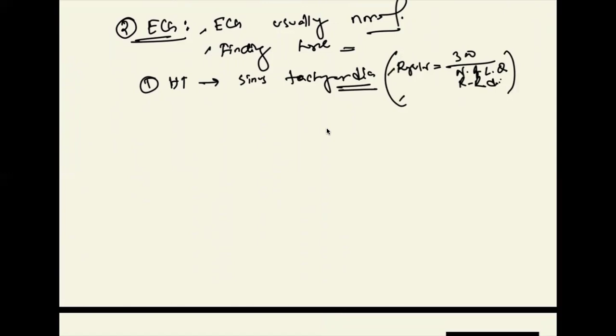Okay. If it is irregular, how would you calculate? Please tell me quickly. In a 10-second strip, we count all the QRS complexes, all the R waves basically.